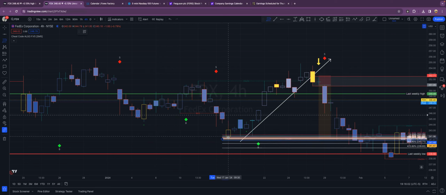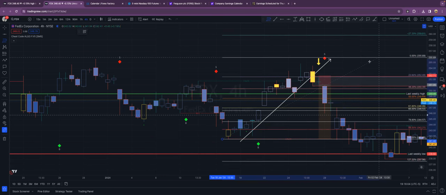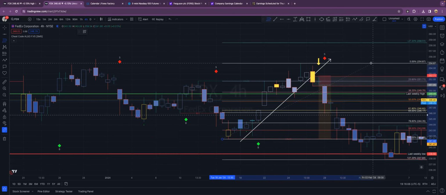So you can run a fib starting at this low, swing it up to your last swing high, and go at it like that. That's one way, correct? So you can say, I'm going to target the 61%. It'll go there and bounce. Or I'm going to target 78%. And you can start gauging it.